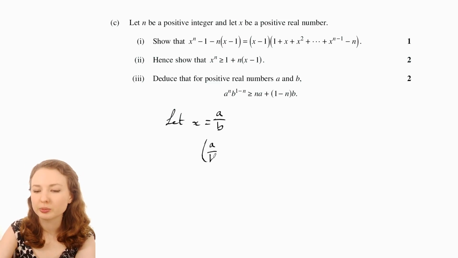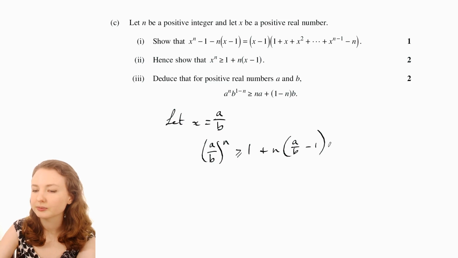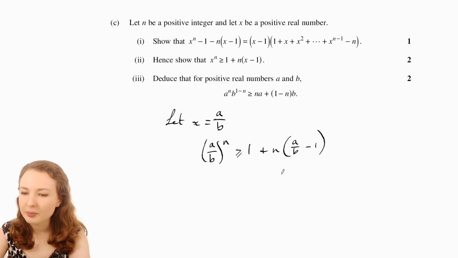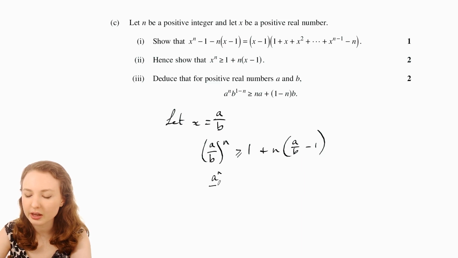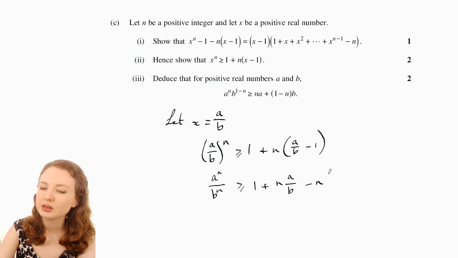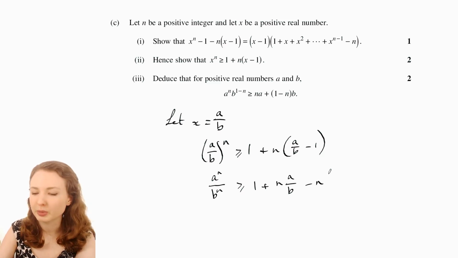So we've got a on b to the n greater than or equal to 1 plus n, a on b minus 1. And then we could just say that's a to the n on b to the n, 1 plus n, a on b minus n. And then let's multiply both sides by b.